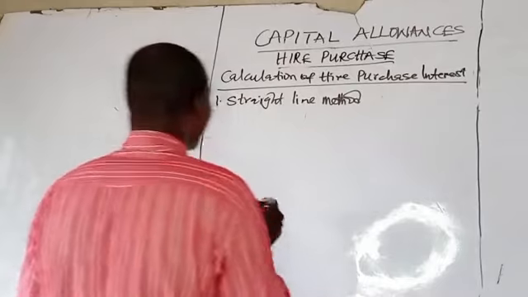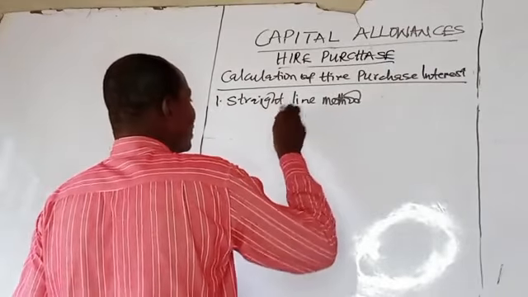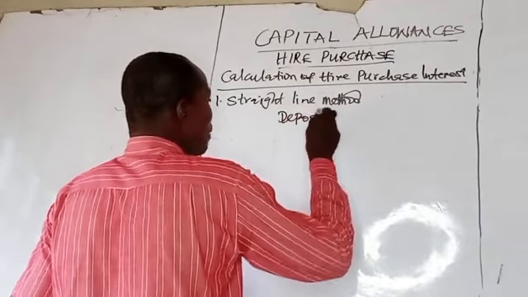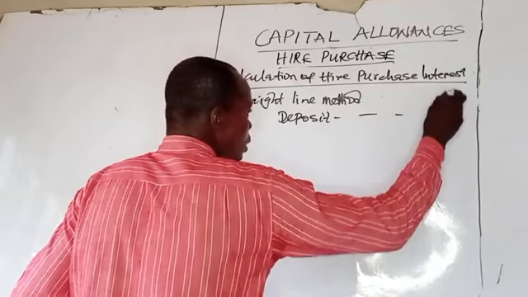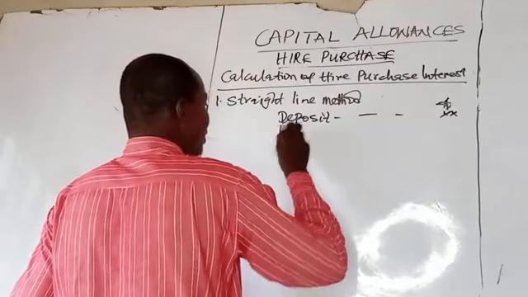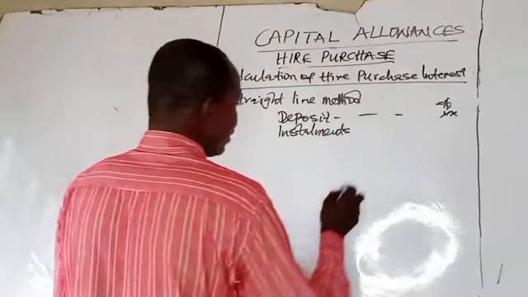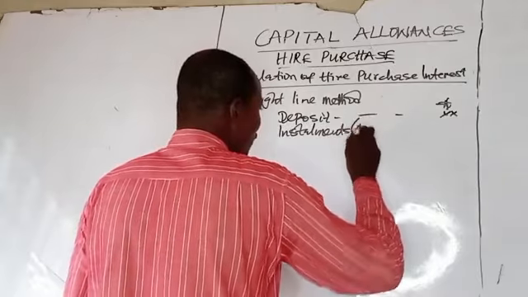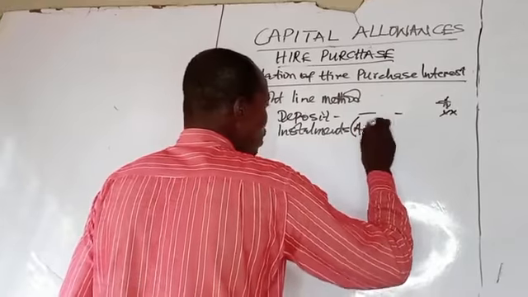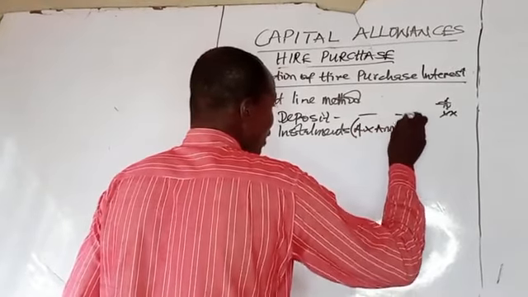To compute the hire purchase interest, remember the deposit of the asset plus the installments. Depending on the number of installments, if you have 4 installments, that means you are going to have 4 times annual installments, if the installment is payable annually.